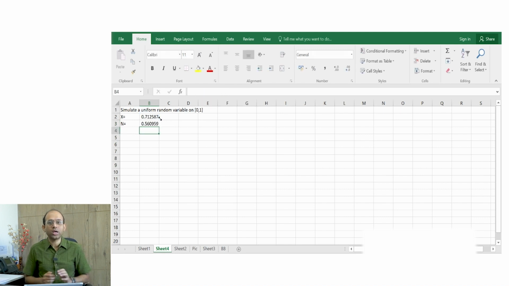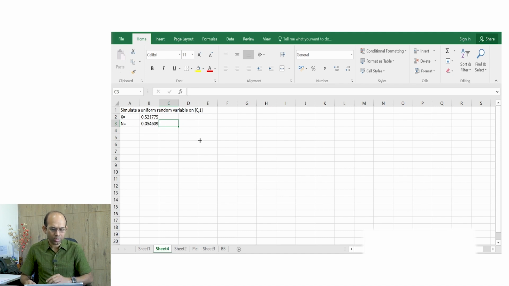So now what we are getting here is a random number, not between 0 and 1, but it could be any real number, minus infinity to plus infinity. It is a random sample from the population of the normal distribution with mean 0 and variance 1. Okay, so let us see various different realizations.